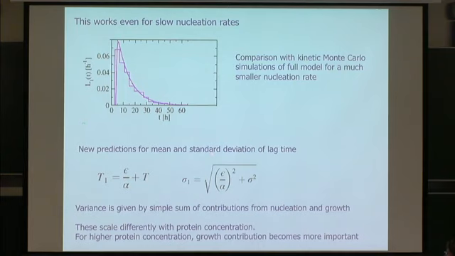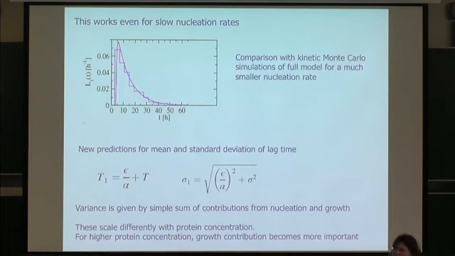This is not obvious, but it turns out to be true. And what's also interesting is that these two contributions to the variance actually scale differently with the protein concentration. So I don't know if you remember that, but this one was proportional to 1 over alpha, alpha being the nucleation time, which depends on the protein concentration, and this thing is proportional to 1 over alpha squared. So as the protein concentration increases, this term becomes more and more important, the variability that comes from the growth process.